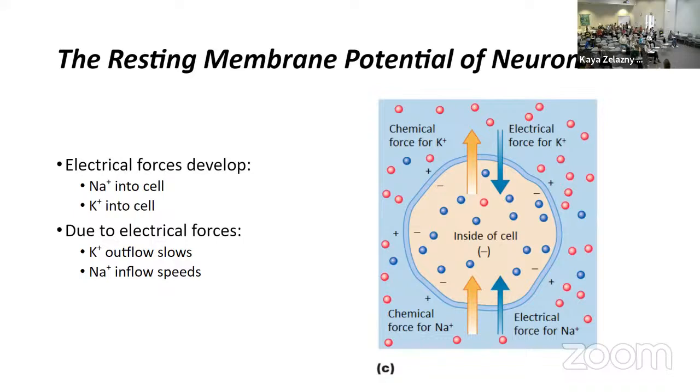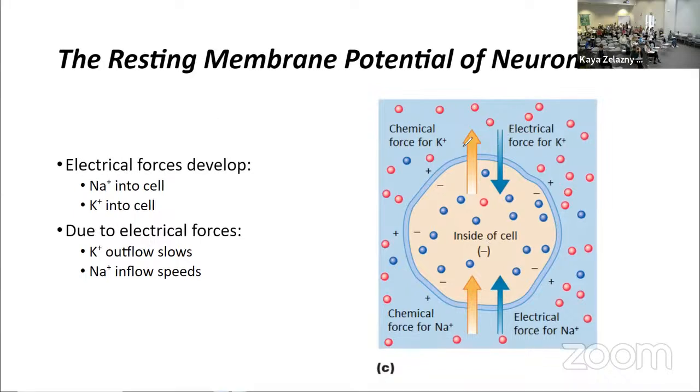So we're talking about how that gets us to setting up this resting membrane potential of neurons and understanding what direction the forces are for our 2 most important ions when it comes to neurons, which are sodium and potassium. All right. So what we end up developing is a situation where we have a chemical force for potassium going out of the cell.